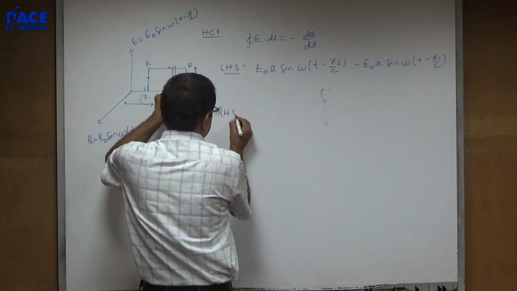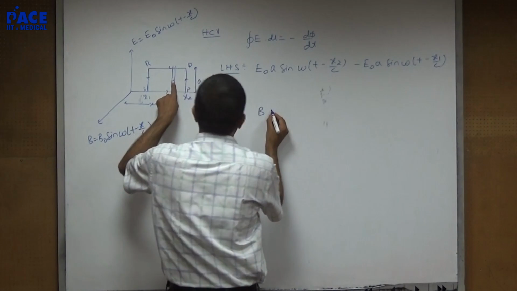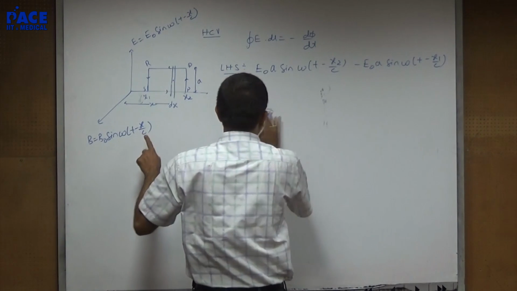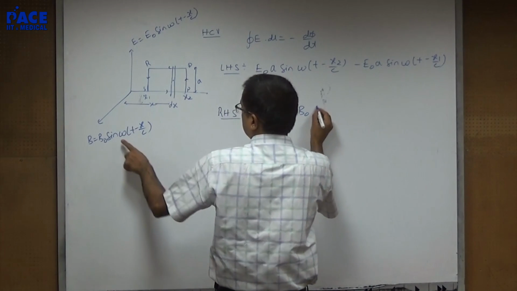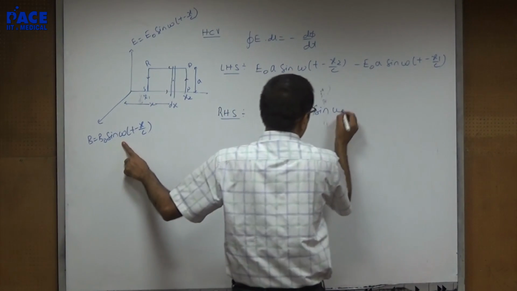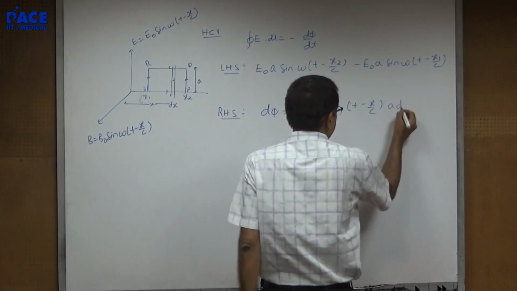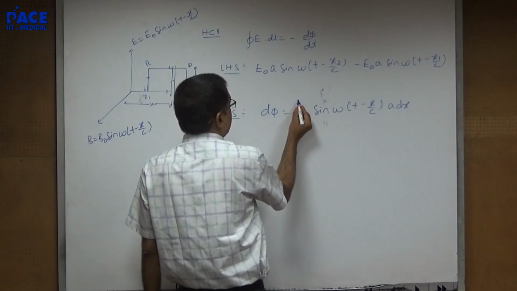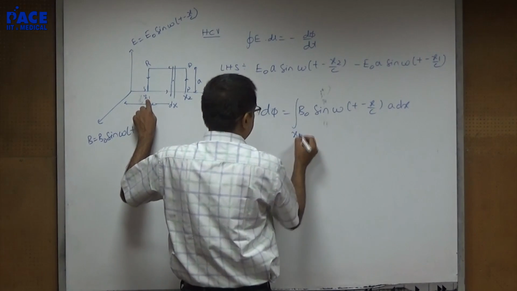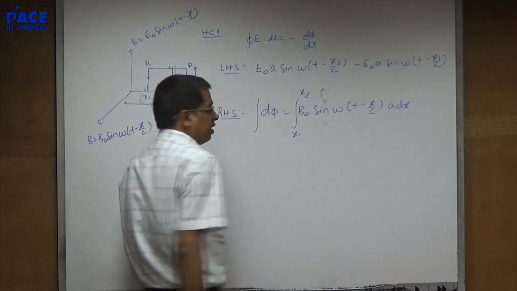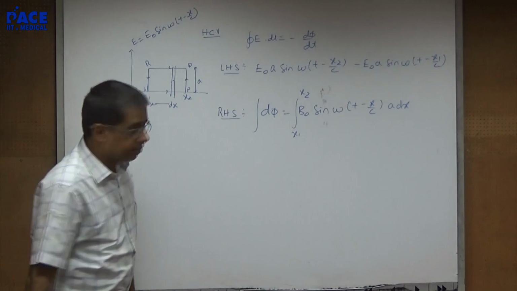For RHS, the flux d phi will be B naught sine of omega t minus x by c into A dx. I will first of all have to integrate this from x1 to x2. Then I will get the total flux. Do you agree with that?